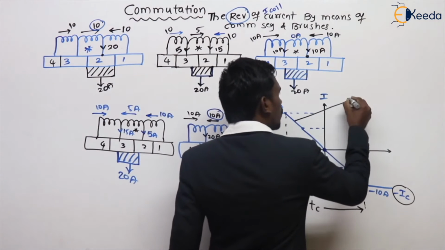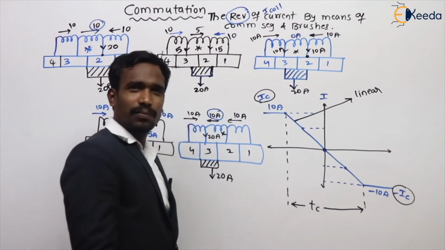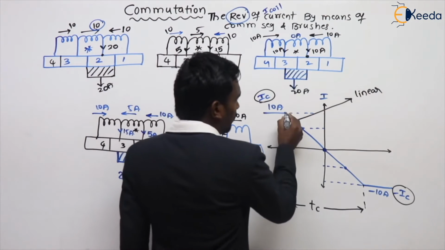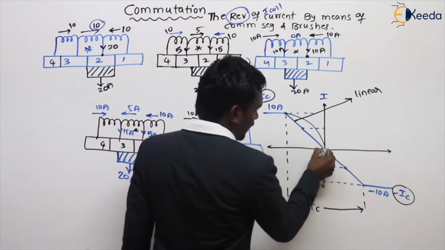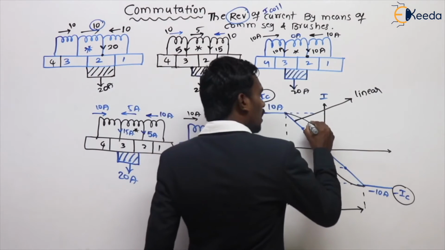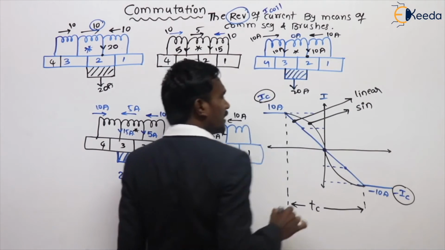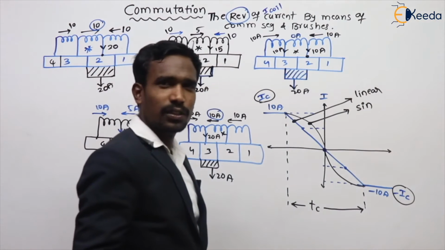time period TC. This is called linear commutation. Why? This is called linear commutation. For example, if commutation takes place like this, this is called sinusoidal commutation. Linear commutation and sinusoidal commutation.